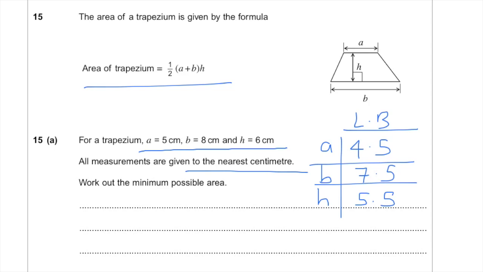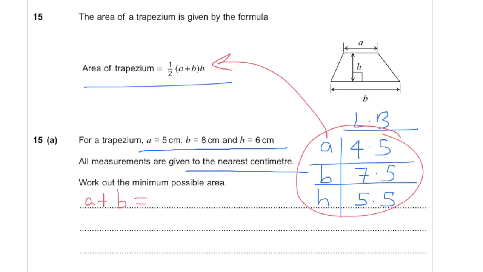So to work out the minimum possible area, we're going to need to substitute these three lower bounds into this formula over here. The simplest way to do that would be to add together our A plus B, which is 4.5 plus 7.5, which gives us a value of 12.